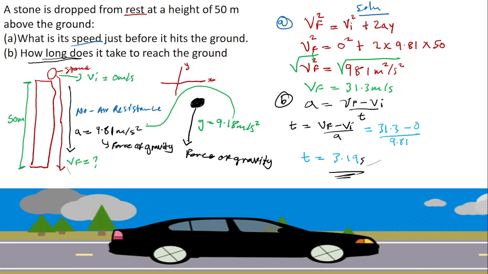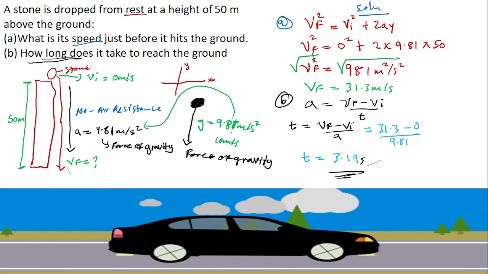For some books they'll round it off to 10 meters per second squared, but mostly you'll be given 9.81. It's just the acceleration that every falling body has. Is that clear, Chishimba?